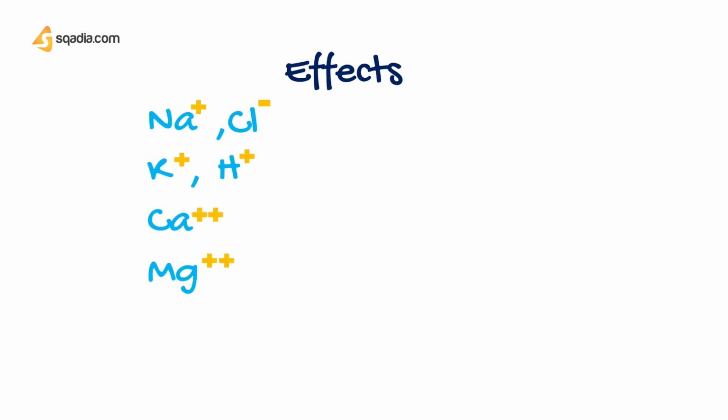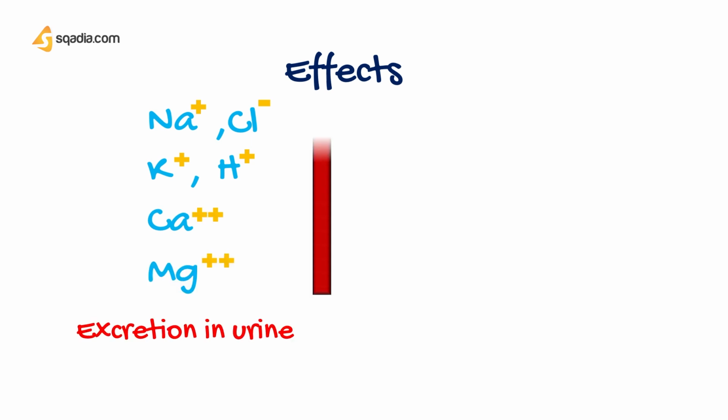So this is very easy to remember that all these ions will be excreted in the urine in greater amounts. What the loop diuretics will do, sodium, chloride, potassium, hydrogen, calcium, magnesium, they all will be excreted in urine in greater amounts, and so will be the urine volume.